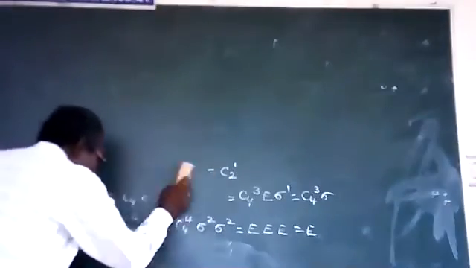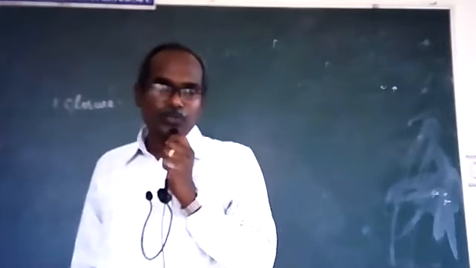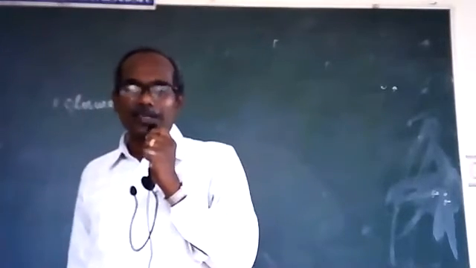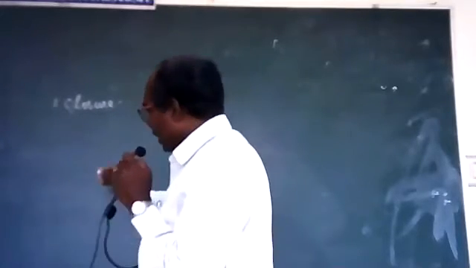First characteristic, I have already in the last class told you what are the characteristics of a group. First characteristic is closure. It should obey the closure rule. What does closure rule mean? Any two elements of the group should combine to result in the third element, which should also be a member of the group.